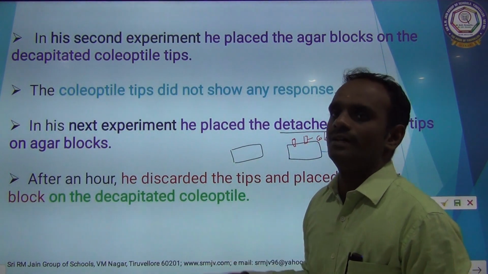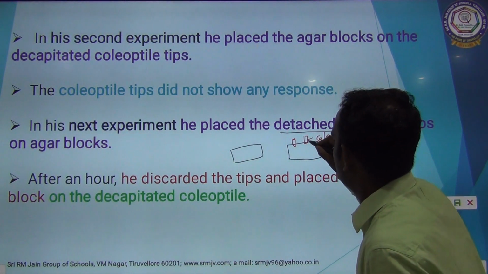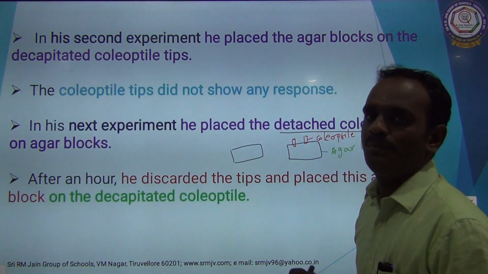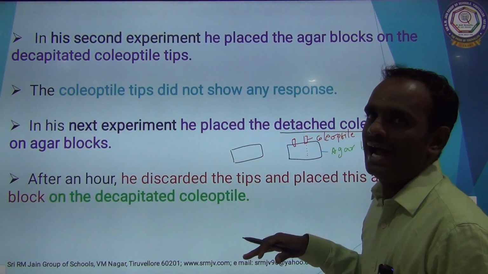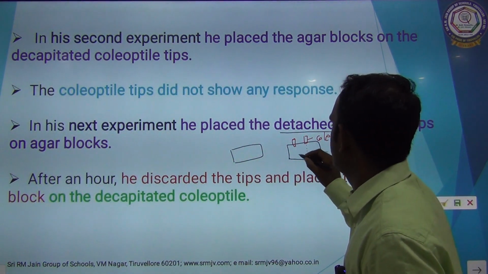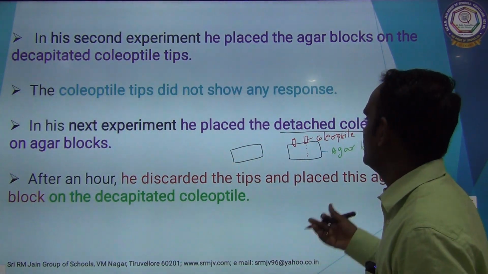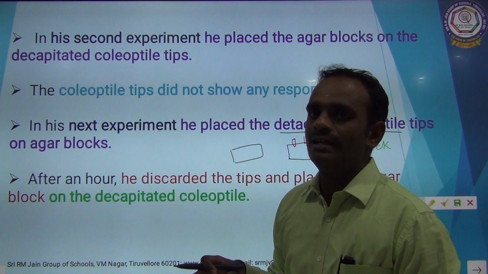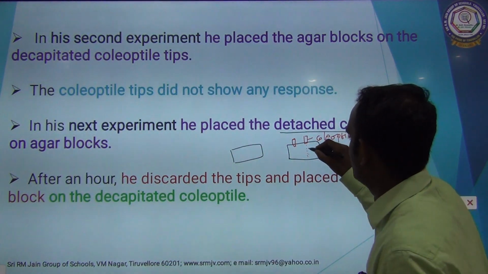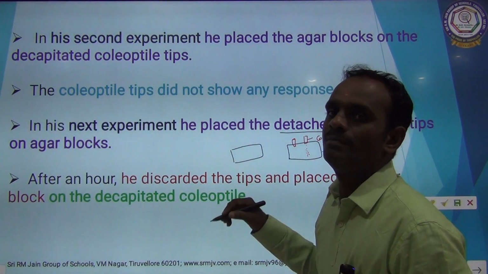After an hour, the chemical present in the tip of the coleoptile slowly comes down and is deposited in the agar block.